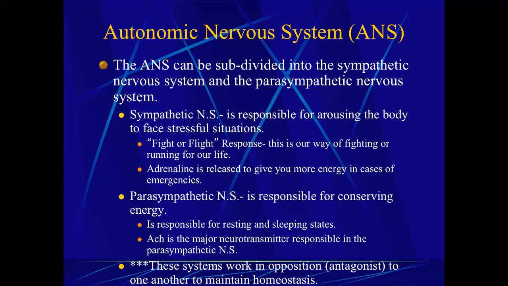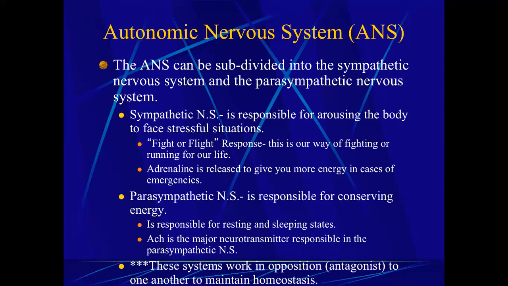But I want to touch on the parasympathetic nervous system as well. If the sympathetic nervous system deals with dangerous, threatening, or stressful situations, the parasympathetic nervous system deals with non-threatening situations. You might hear it referred to as rest and digest. The parasympathetic nervous system allows us to relax, to sleep, and to digest our food.